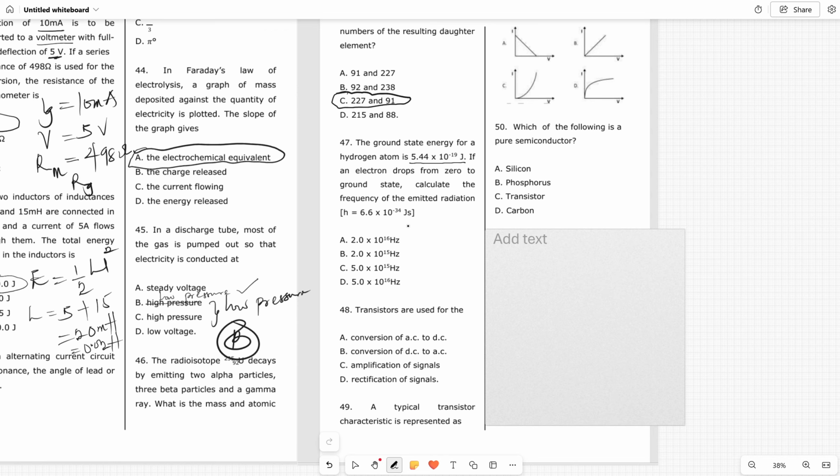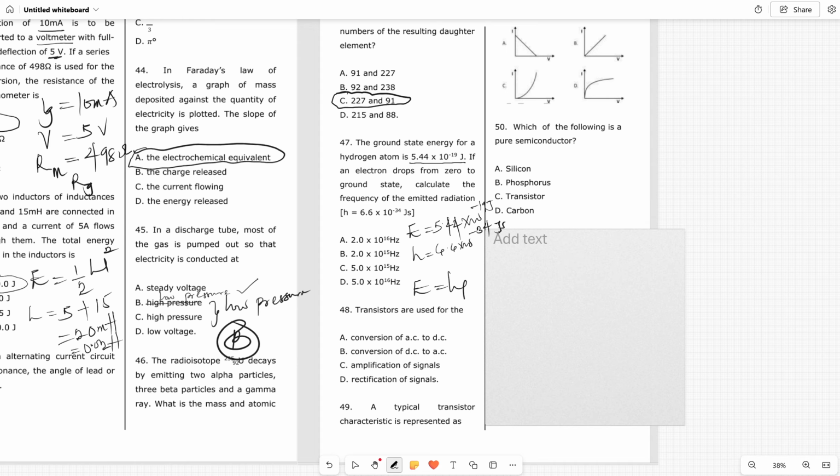So the energy involved there will be given as 5.44 times 10 to the power minus 19 joules. You already have your h there, which is 6.6 times 10 to the power negative 34 joule seconds. So it's asking for the frequency.